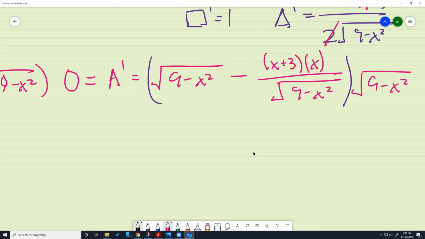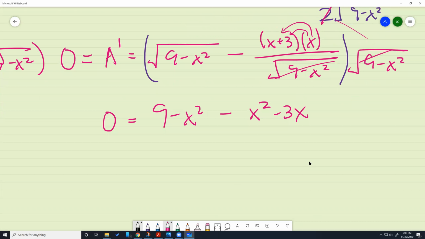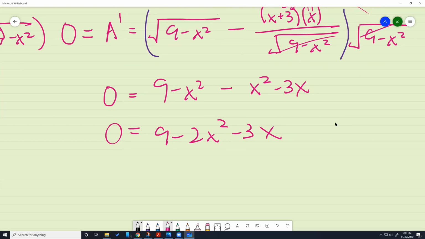That way, we no longer have this fraction. So you distribute that, then you'll have 9 minus x squared here, minus, I'm going to distribute the x as well here to get x squared minus 3x. Let's go ahead and factor out the negative and rewrite some of the terms here.